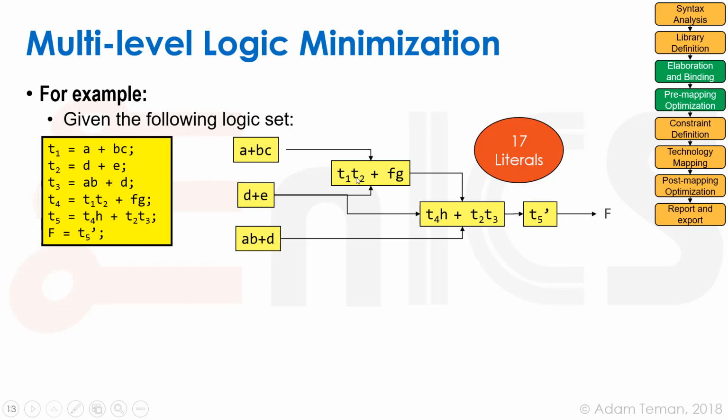So for example, T1 and T2 are considered literals for the input to this gate, whereas at this level it would just be our inputs.